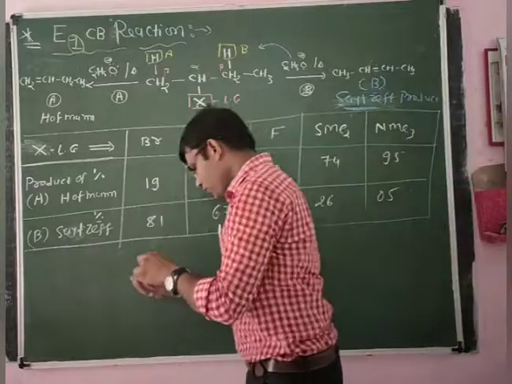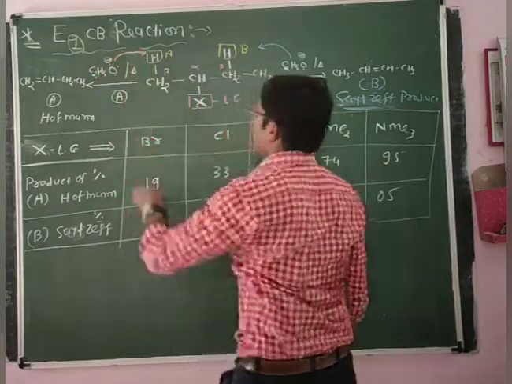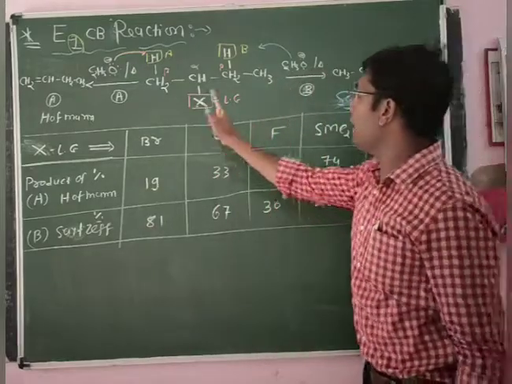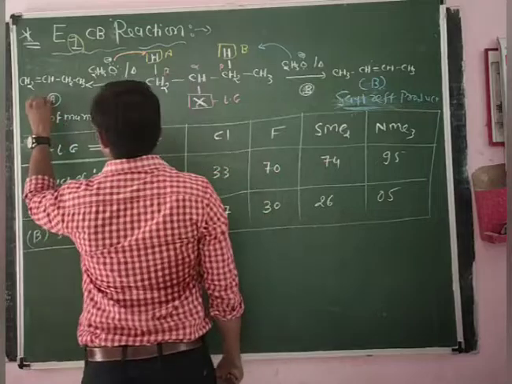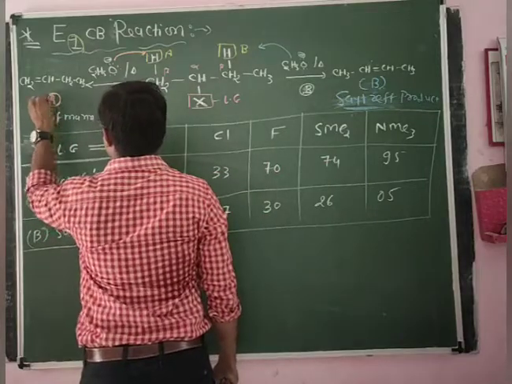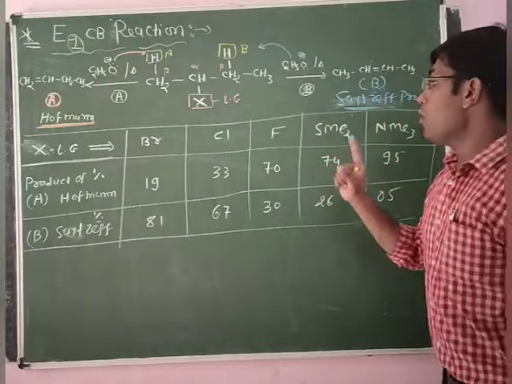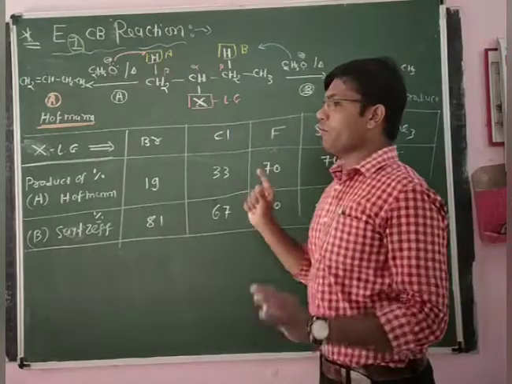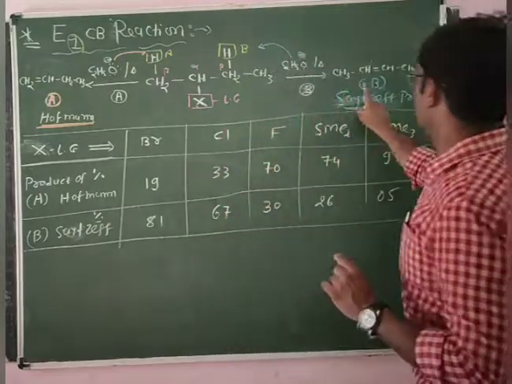And if our base attacks this A beta hydrogen, then we get this A product, and this A product is the Hofmann product. Now, what is the role of leaving group for both kinds of products, Hofmann product as well as Saytzeff product?